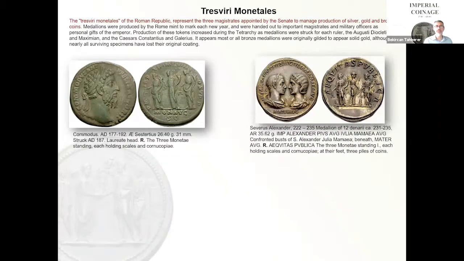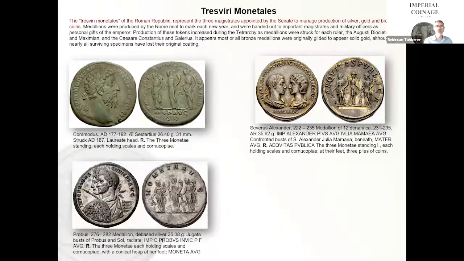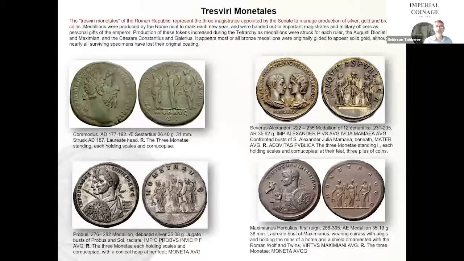And we see some extraordinary examples minted in the name of quite many emperors afterwards. I only have 4 examples here, but during the Tetrarchy, especially end of 3rd century and beginning of 4th century, we see quite many of them minted.